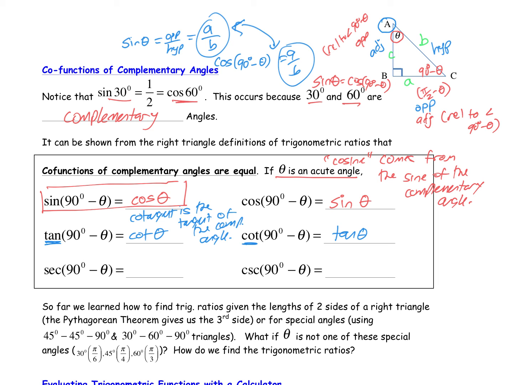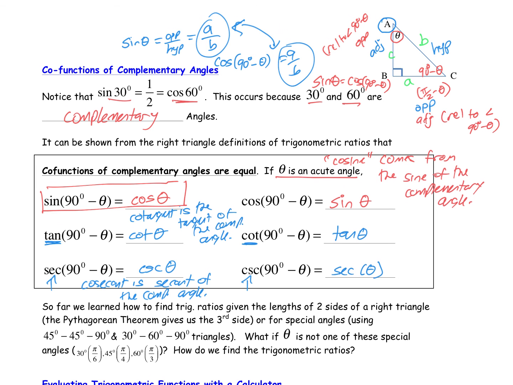And secant goes with cosecant. Those are the cofunctions. So secant of 90 minus theta is cosecant theta. So we can say that cosecant is secant of the complementary angle. That's where the name comes from. And cosecant of 90 degrees minus theta will be the secant of the complementary angle, which is theta.